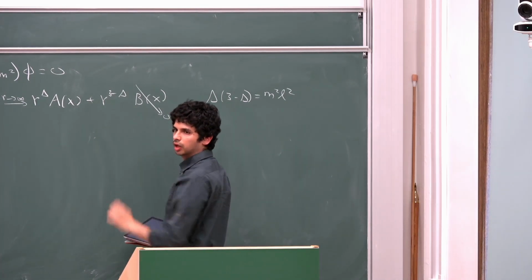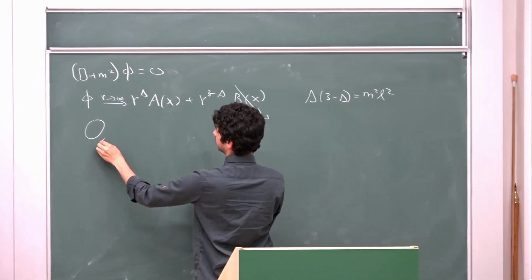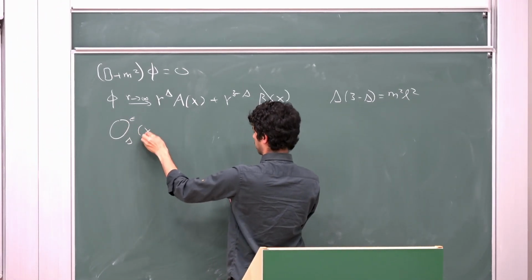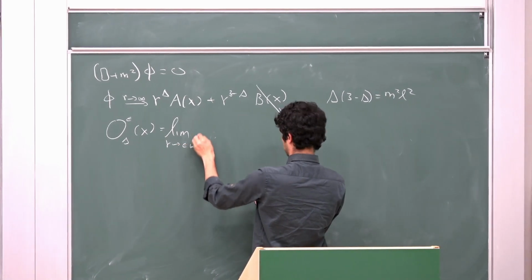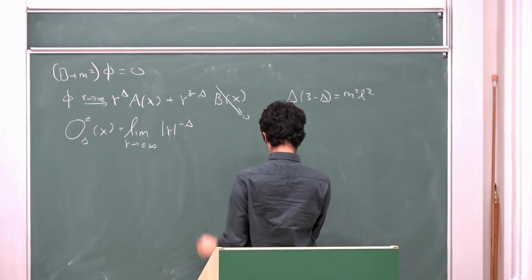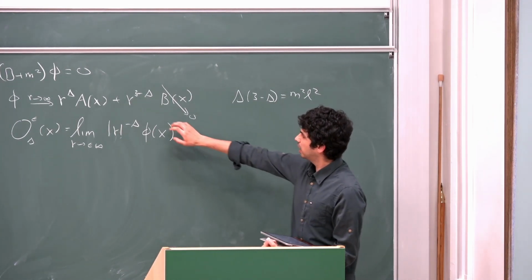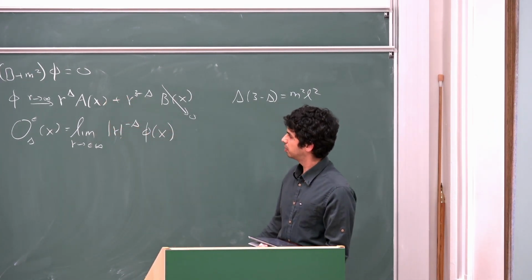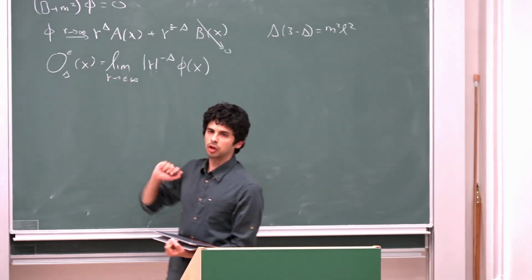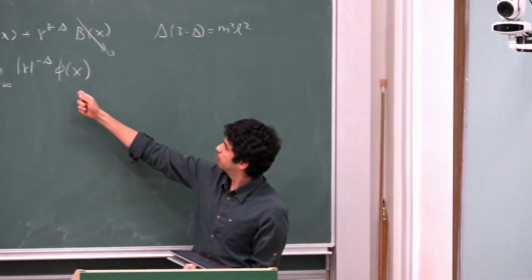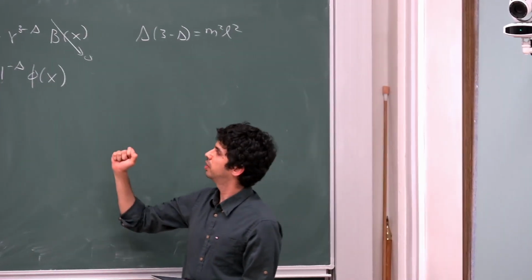So these are the boundary operators, and I can define them this way. So it's picking out a specific large R behavior. And there's also an extra label epsilon, which tells you whether I'm taking the large R to be plus infinity or minus infinity.